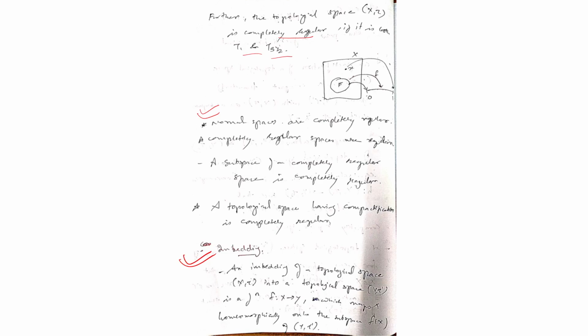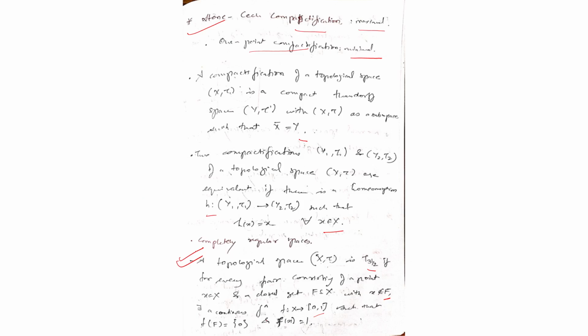So this is the completely regular space. Before that, you should know about T3½ spaces. A topological space is T3½ if for every pair consisting of a point x belonging to X and a closed set F subset of X with x not belonging to F, there exists a continuous function f from X to the closed interval [0, 1] such that f of F will be 0 and f of x will be 1.